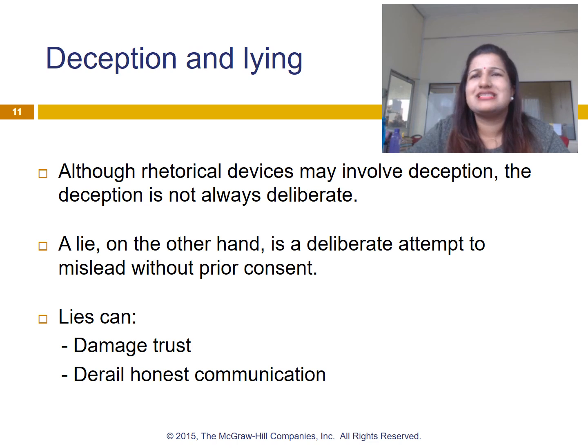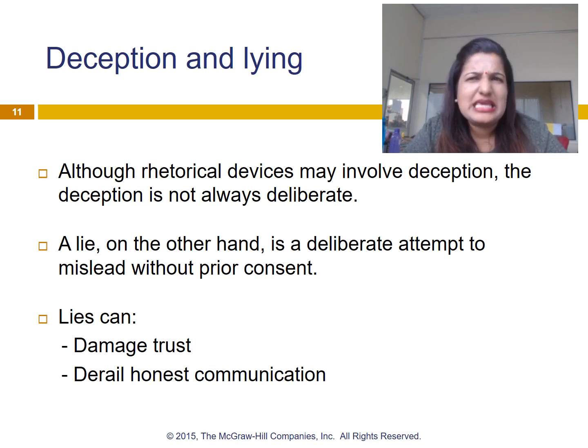Let's talk about deception and also lying. Deception is just making people believe in something that might not be true. So although rhetorical devices may involve a lot of deception, this deception may not always be deliberate.